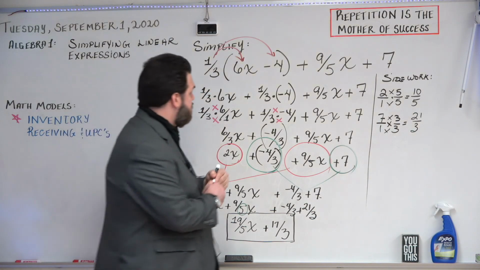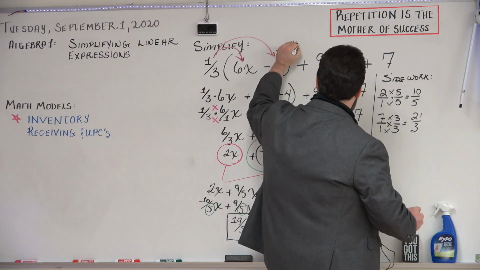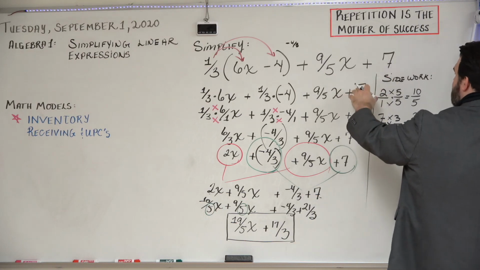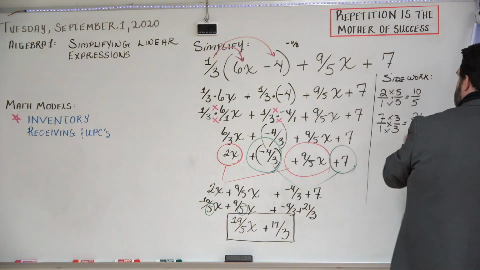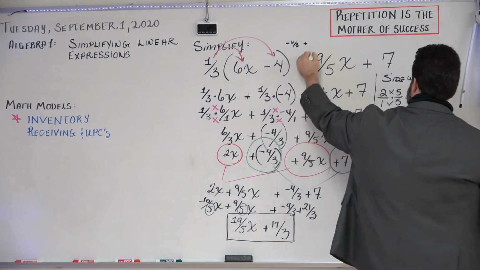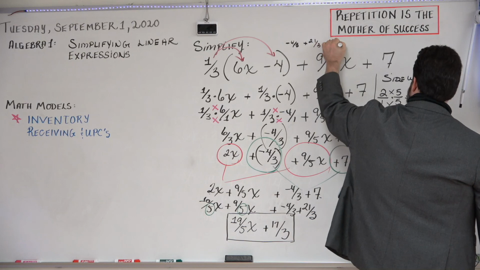You with me? So far we're at -4/3. This is 0, so 9/5 times x is 0. So we just need to add 7. 7 is 21 over 3, so -4/3 plus 21 over 3 equals 17 over 3.